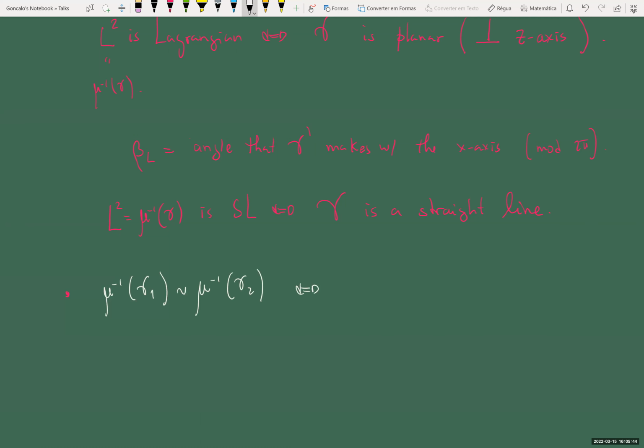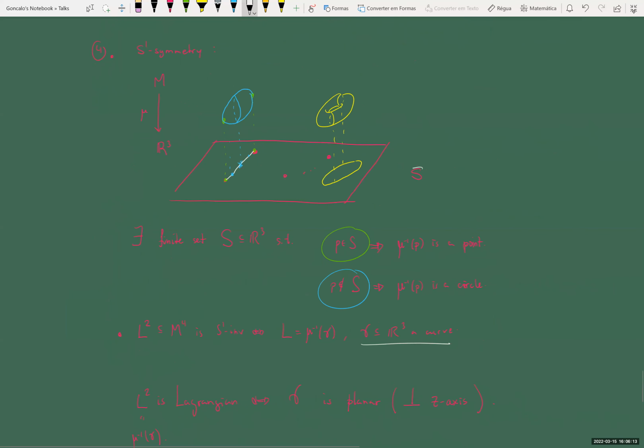This is equivalent to you being able to isotope gamma 1 to gamma 2 through planar curves which do not intersect those points of S. So gamma 1 and gamma 2 are planarly isotopic, not crossing S. So remember, S is this discrete set of points, above which the fibers of this fibration are points and not circles.